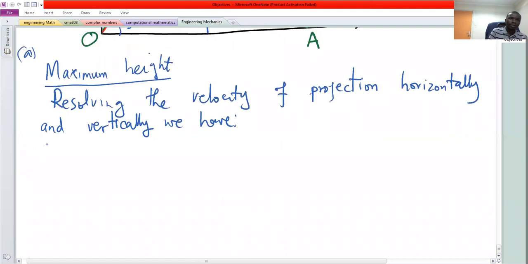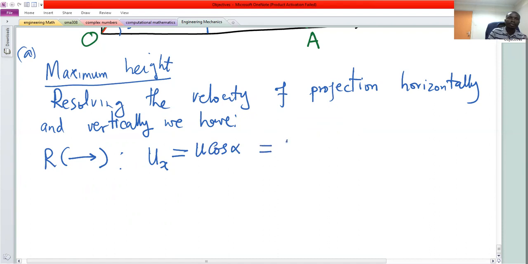Now for the horizontal, resolving in the horizontal direction, as we have seen in the derivation, the horizontal component of the velocity of the projectile is given by U cosine alpha.